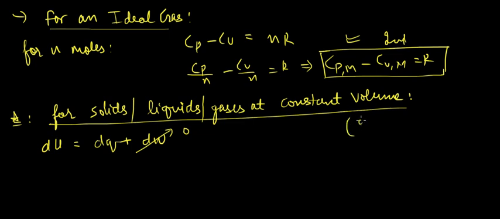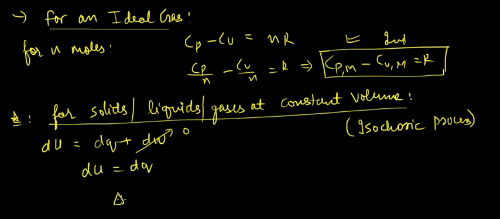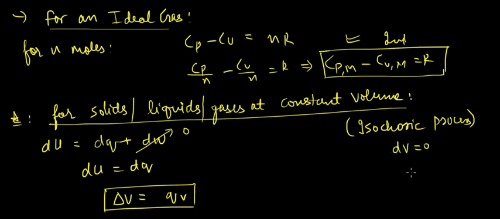So this is also an example of an isochoric process. We can write dU would be equal to dq, so delta U would be equal to Qv, meaning heat released or absorbed at constant volume. In an isochoric process we know that dV equals 0. As dV equals 0, dW would also be 0.